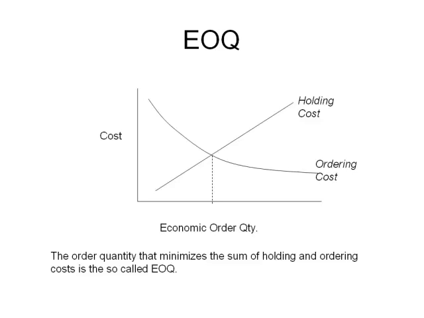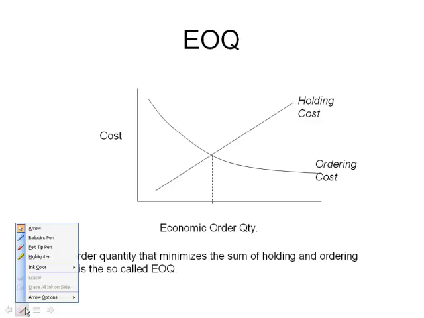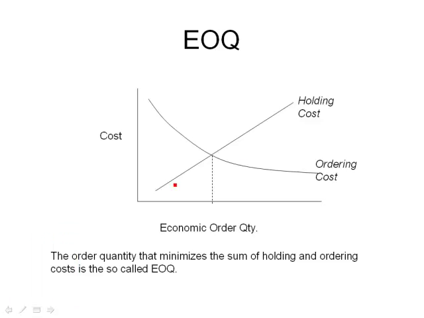The cost of capital associated with financing that coffee inventory will be quite high. There may well be some spoilage. There could be some pilferage. I've got to have the physical space to put that coffee in. So my holding costs, again, would be quite high. I would be over here somewhere, somewhere like this on this graphic.